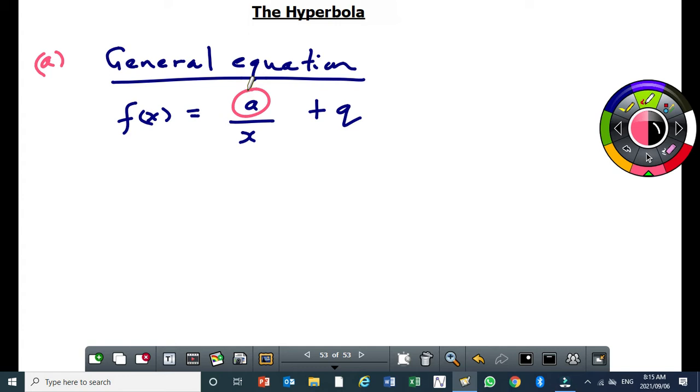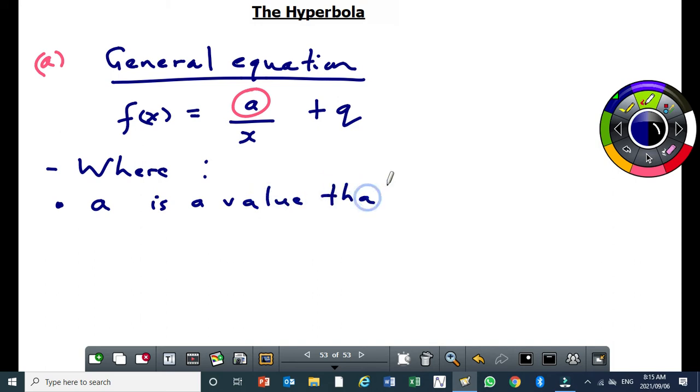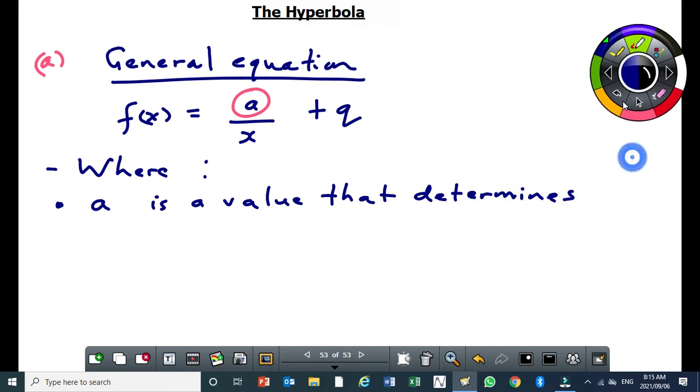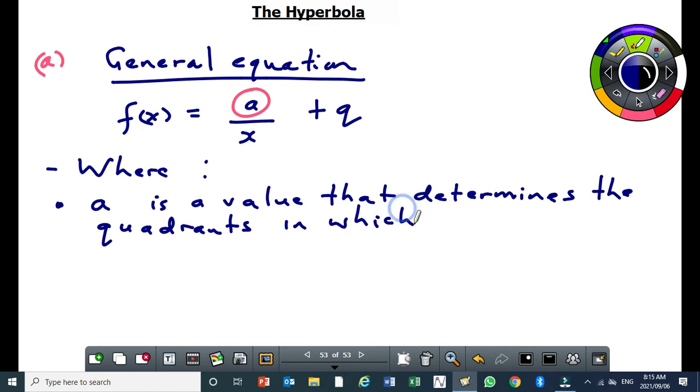So at the bottom here, I'll say where a is a value that determines the quadrant in which the two curves are drawn.